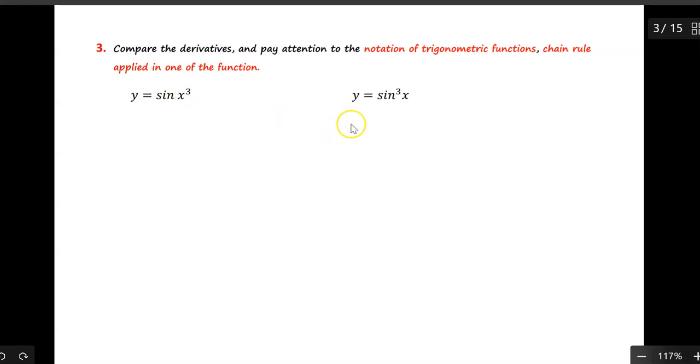But this one here, I have y equal to sine exponent 3 of x. I would like you to note the difference between these two. They are totally different. The exponent 3 here is for my argument, but the exponent 3 here is for my function. Alright, so let's do one at a time. Then we will realize the difference between the two.